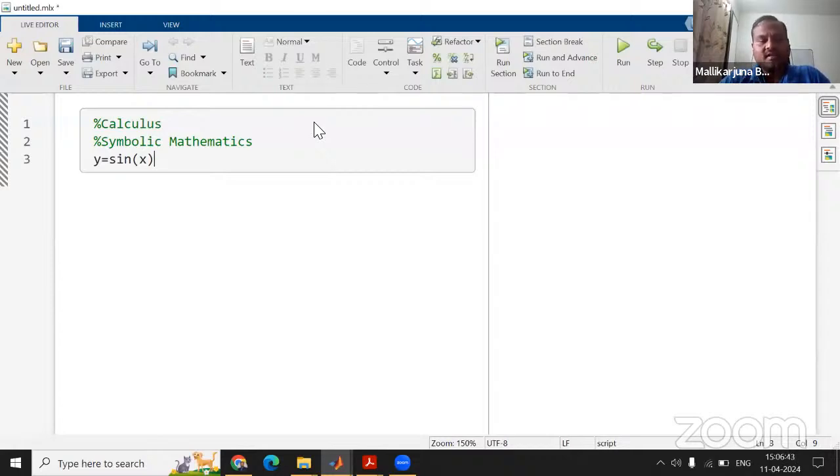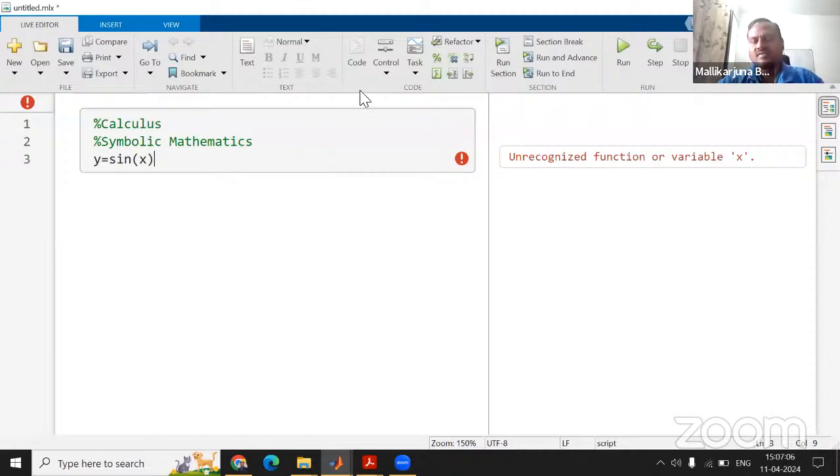Before differentiating or finding the limits, first see what y is equal to sin x gives. If you execute it, you can see here I executed, it is showing unrecognized function or variable x.